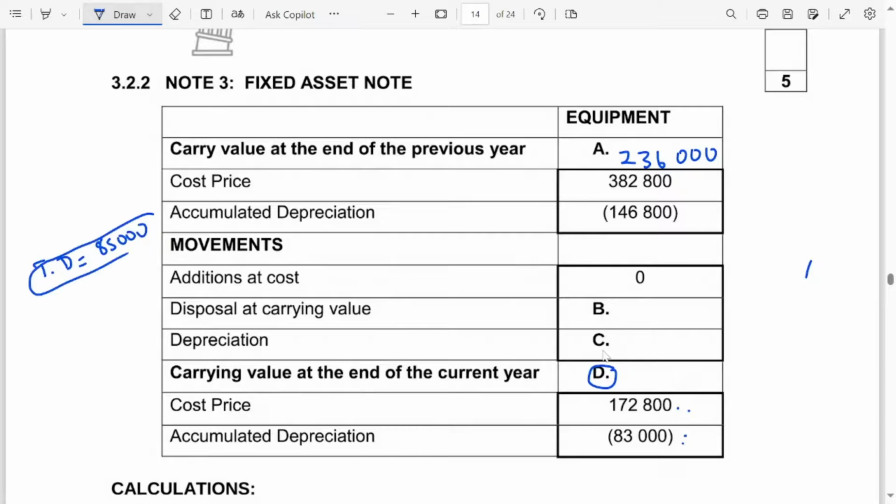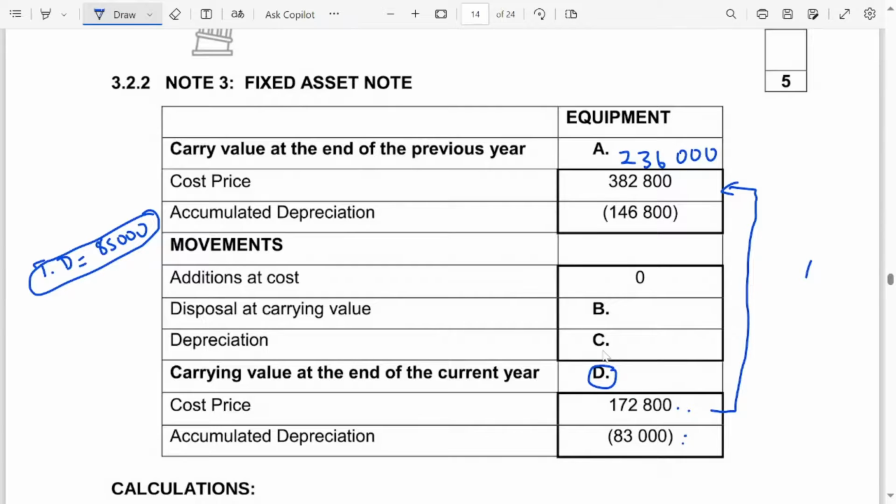If you check here, the cost price is 172,800, but at the beginning of the year it was 382,800. Remember, we don't have the addition, so no equipment was bought during the year. They only sold.